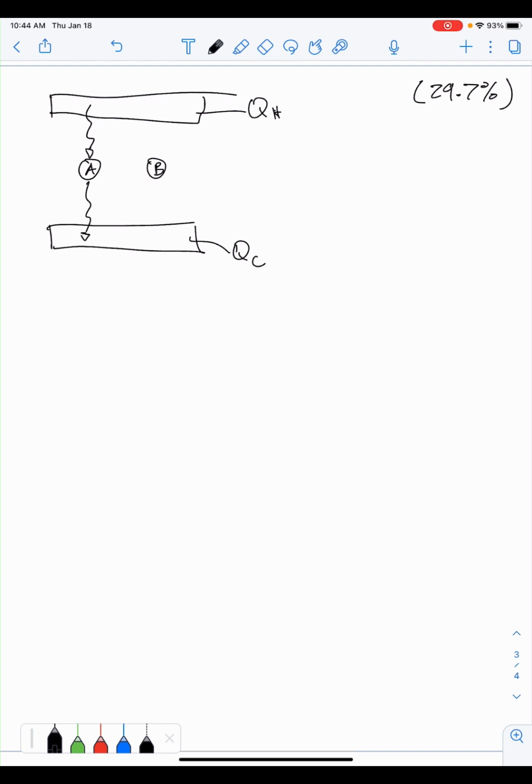And that transition between these two energy levels results in work being performed by the power cycle. And that work accounts for the difference between the two reservoirs. Okay?